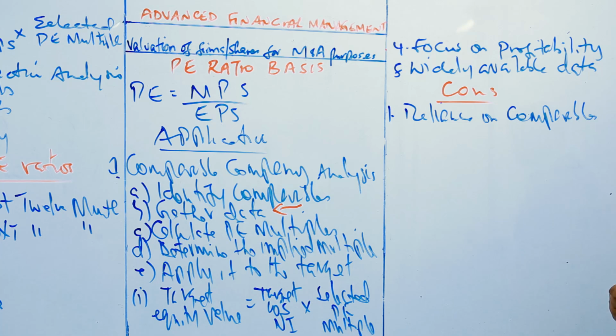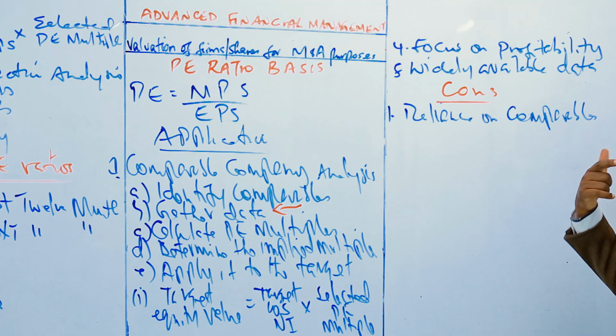It is a disadvantage because the accuracy of the PE ratio valuation heavily depends on finding true comparable companies.